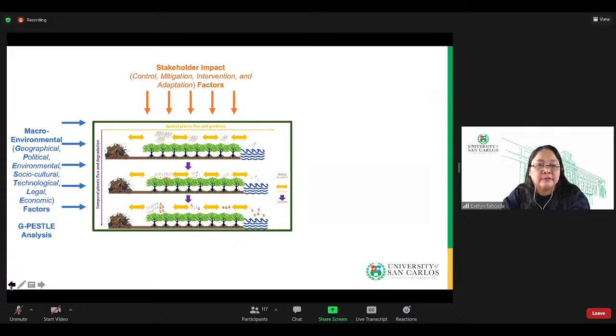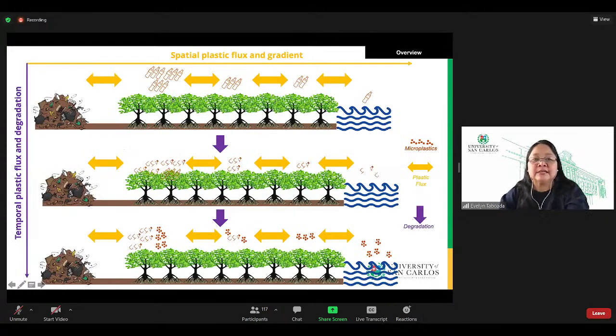As you can see here, from the big waste streams, bottles for example, representing plastics, are flowing into the sea, and they are often trapped, for example, in mangrove plants.